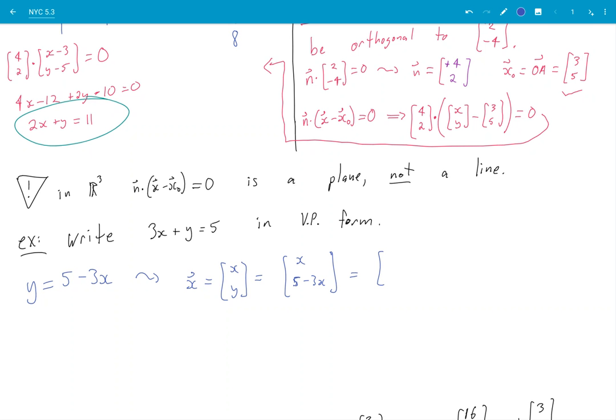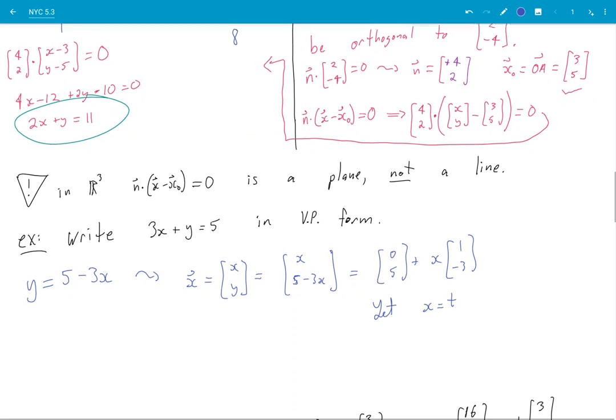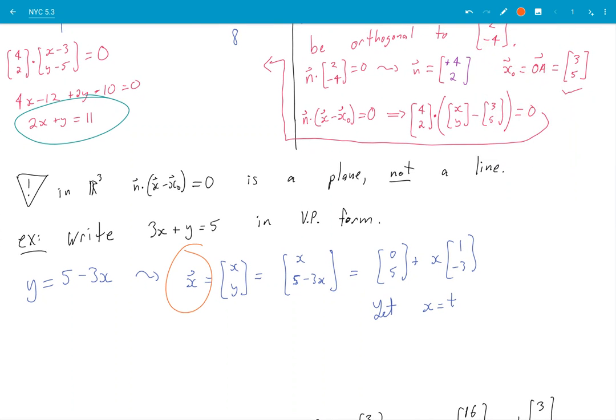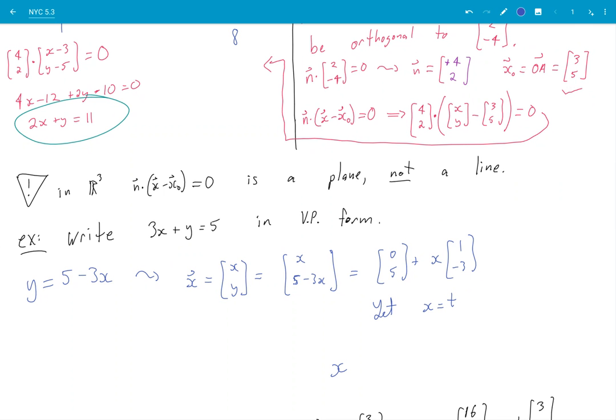If I pull this apart, I get (0, 5) plus x times (1, -3). And if I let x equal t and recopy this and this, what I get is what I want.